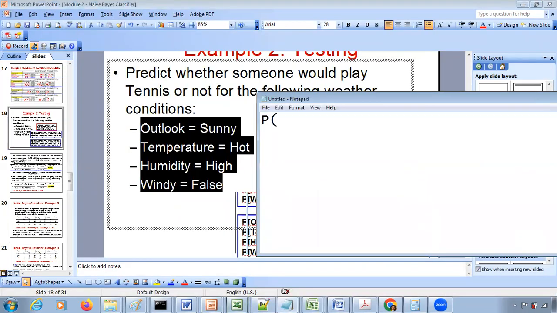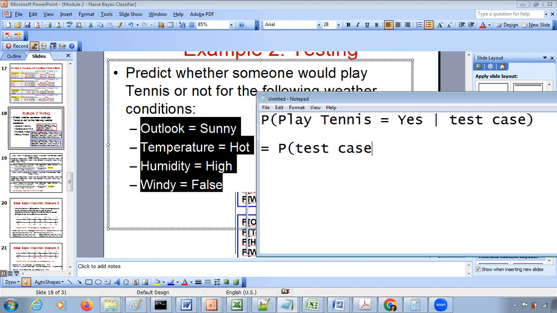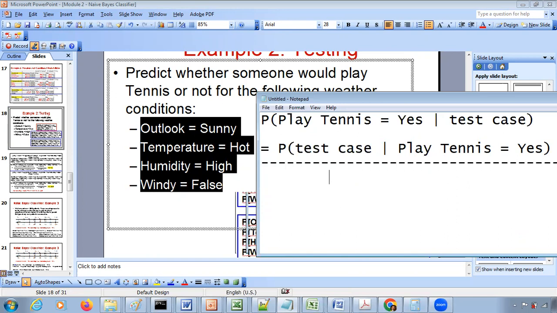So we'll do that. Probability for the person to play tennis equals yes, given this test case, equals probability for the test case, given the person played tennis equals yes, times the probability for play tennis equals yes, divided by the probability for the test case.